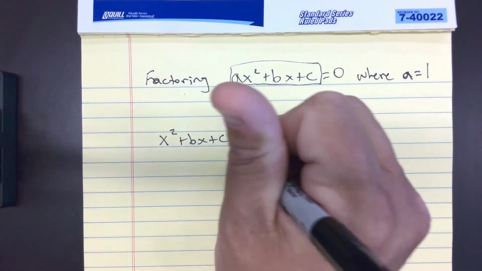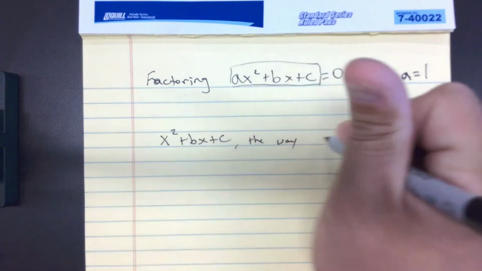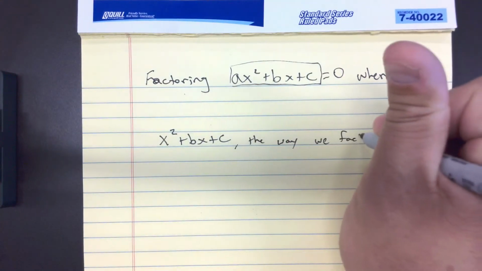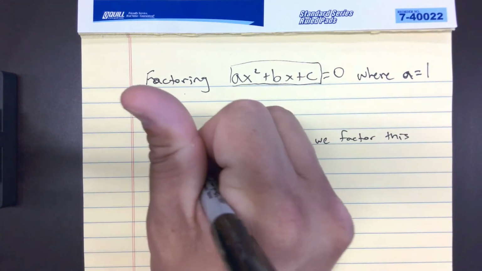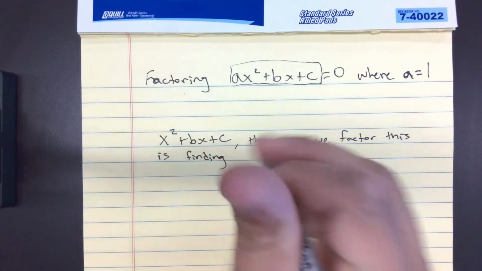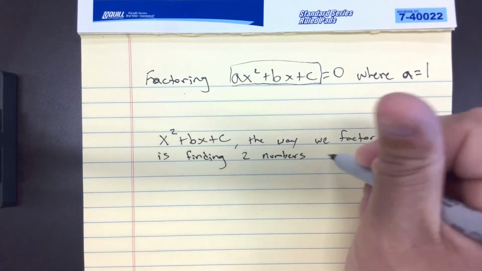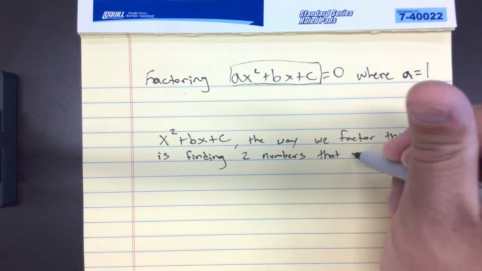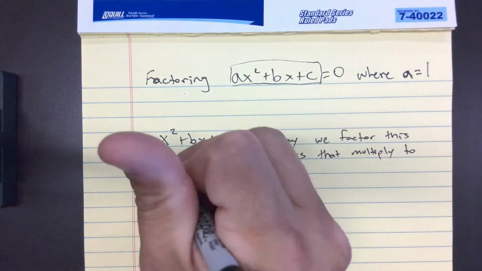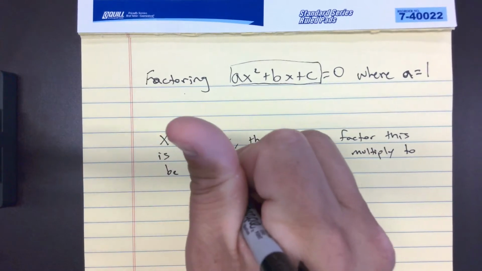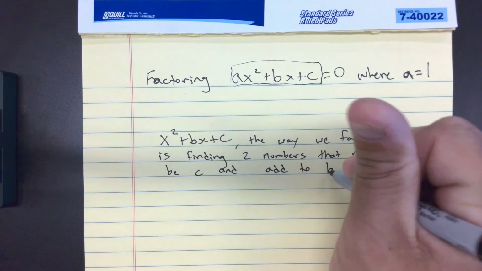The way we factor this is finding two numbers that multiply to c and add to b.